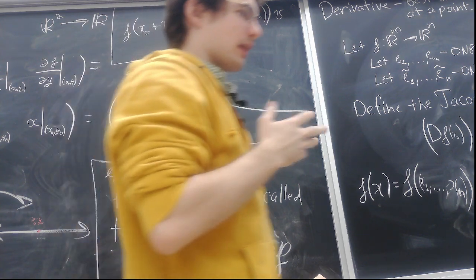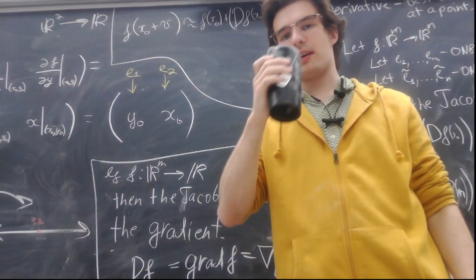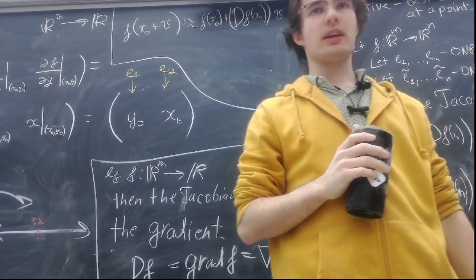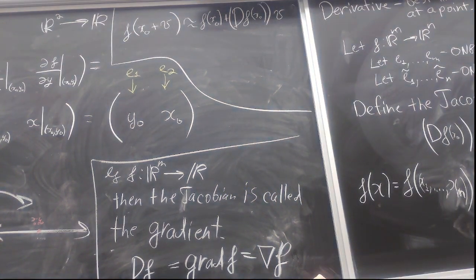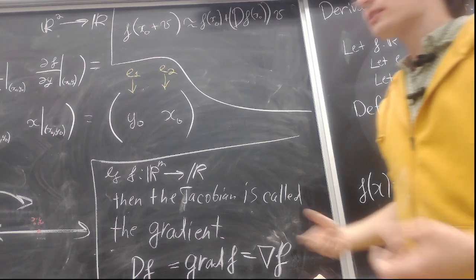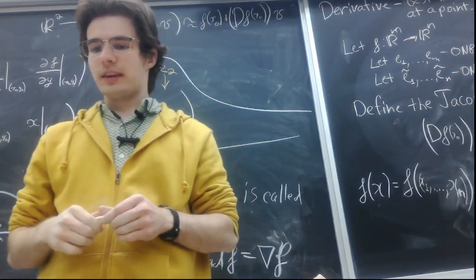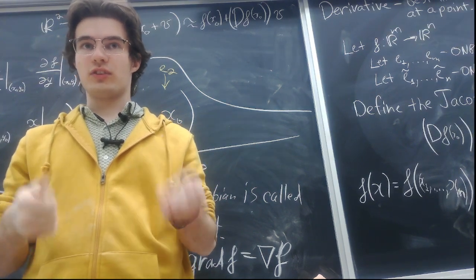Okay. So now, what can linear maps be? We want to study this a little bit. In general, they can be injective and surjective.